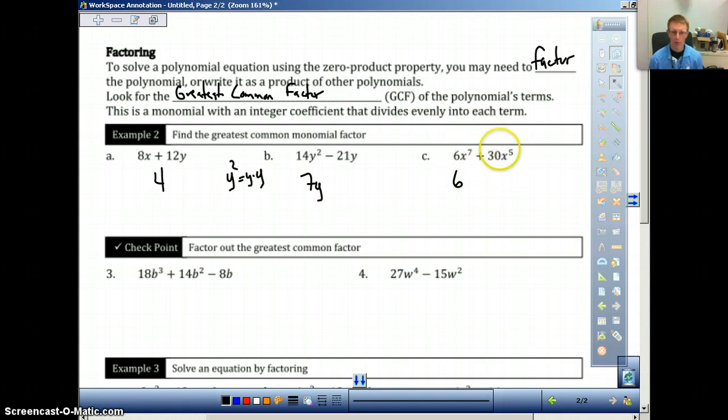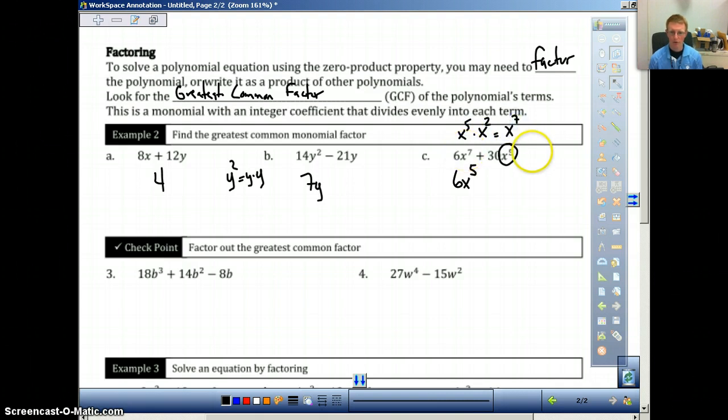Now when we look at our variables, the x's are common. And as we said before, the common x's will be the lowest exponent. So our common factor there is 6x to the 5th. You take the lowest one that you have. X to the 5th does go into x to the 7th because x to the 5th times x squared is equal to x to the 7th.